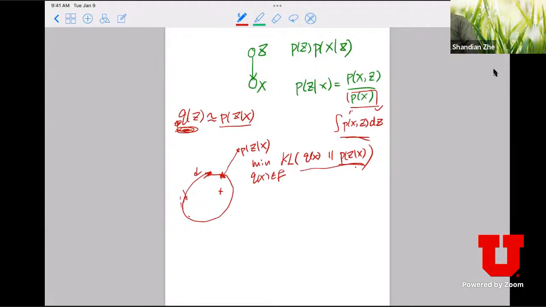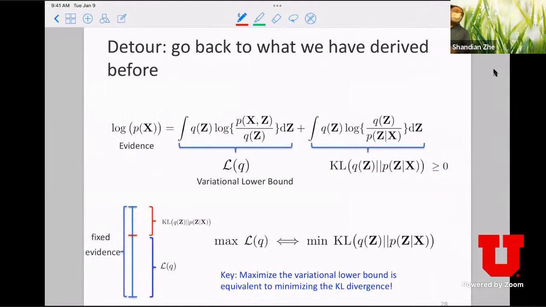to sidestep this problem, we need to avoid the direct computation of KL divergence. Then we're going to leverage a very well-known trick that comes from the EM algorithm. That is the decomposition of the log model evidence based on Jensen's inequality. We introduced this structure during the discussion of the EM algorithm.